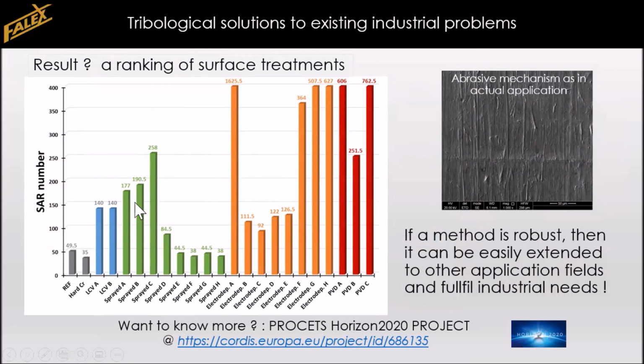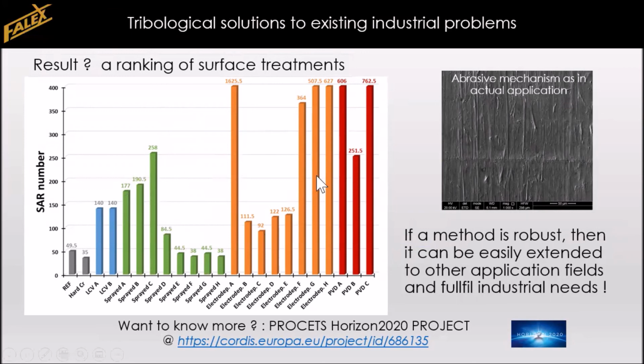And throughout the project, we have looked at this green family of coatings, which are thermal sprayed coatings, and this orange family of coatings, which are electrodeposited coatings. And then you can see that when we started with a non-optimized sprayed coating, the results were not very good, but as these coatings got optimized throughout the project, we reached similar results as with the reference material.